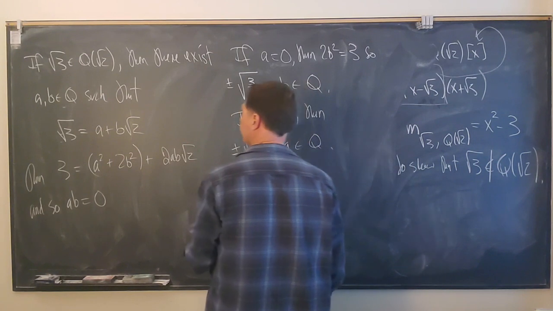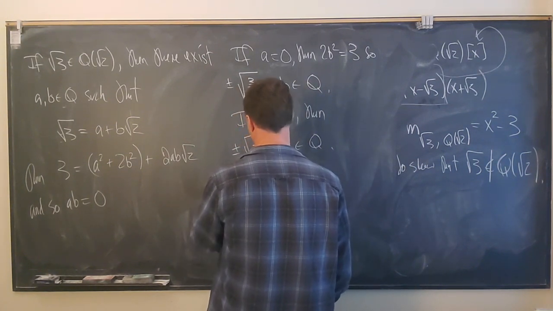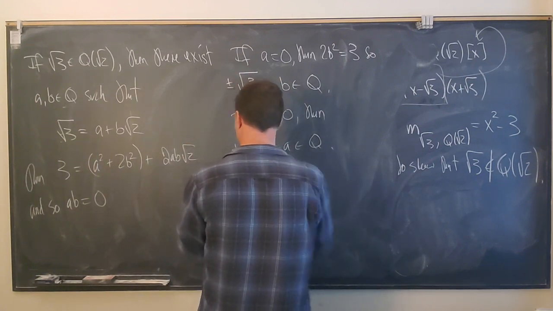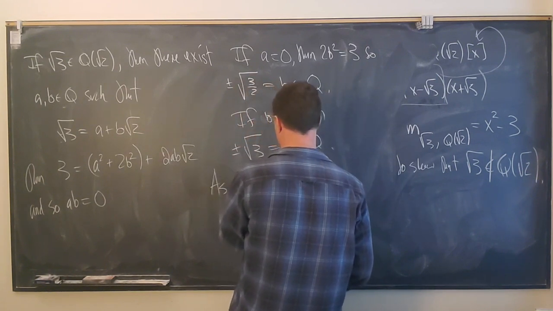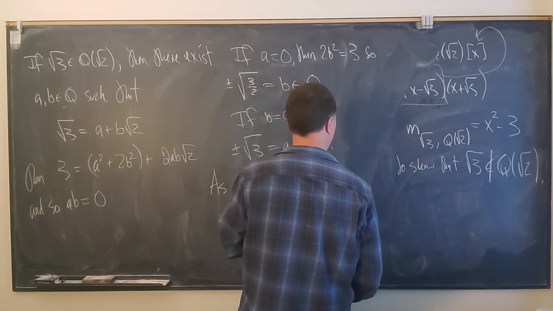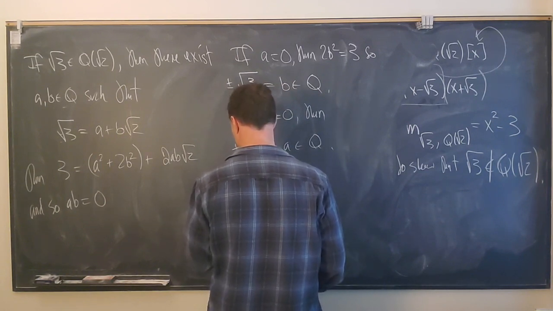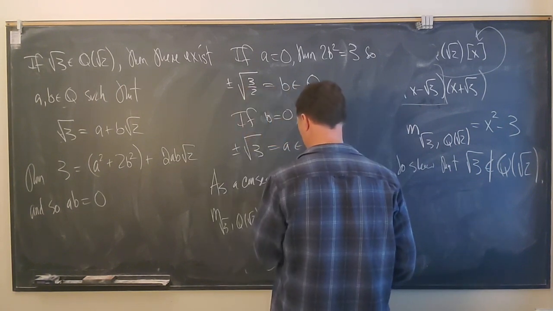So this contradiction leads us, as a consequence, to the minimal polynomial for root 3 over Q adjoin root 2 equals x squared minus 3.